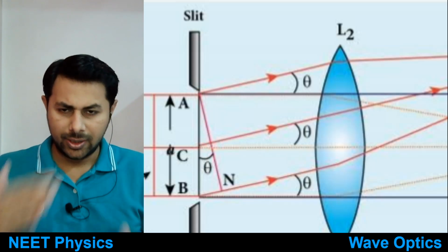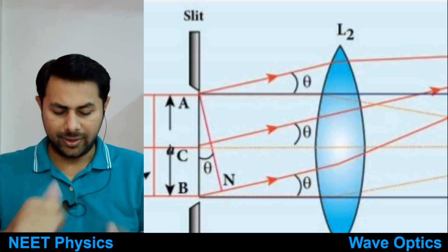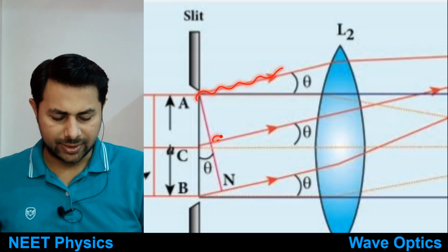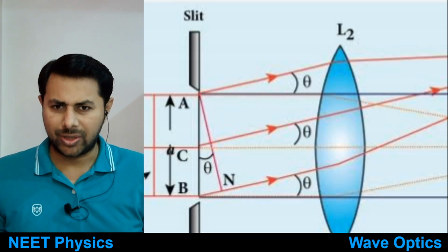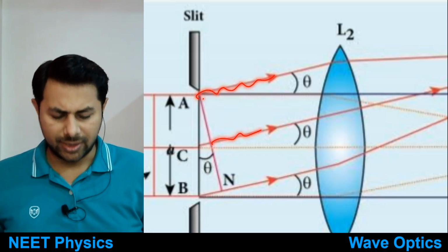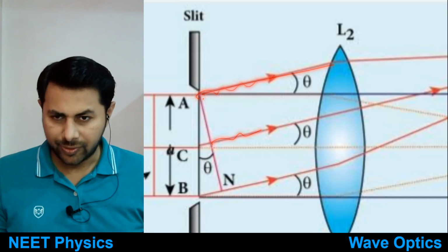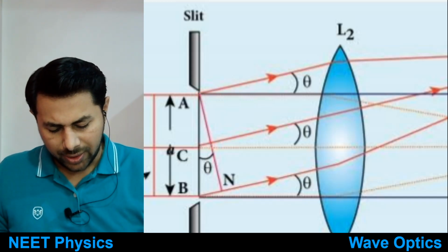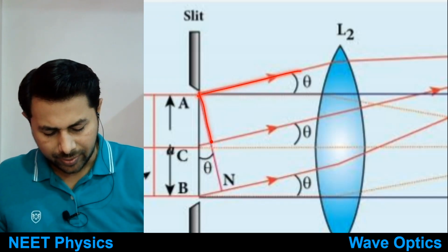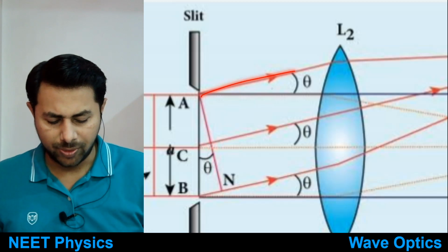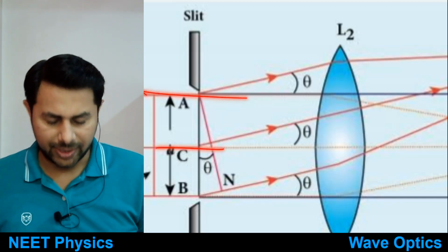Now suppose the light waves bend and travel like this. In this chapter we are talking about waves only. So these are light waves traveling in this direction, and this is the direction of propagation. Here the wave front would be like this, perpendicular to the direction of propagation.